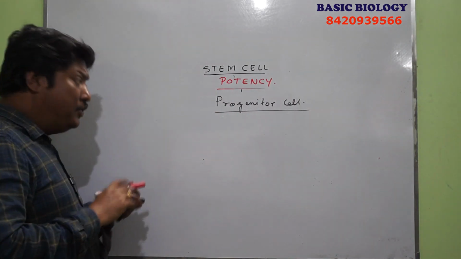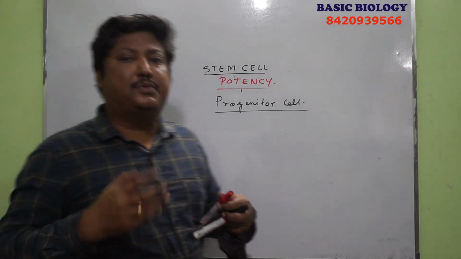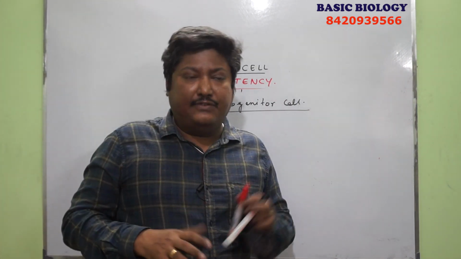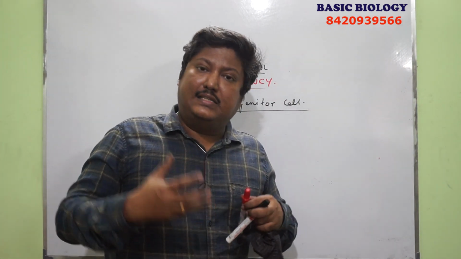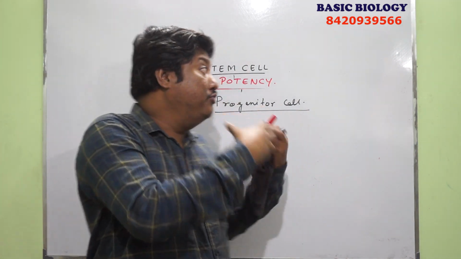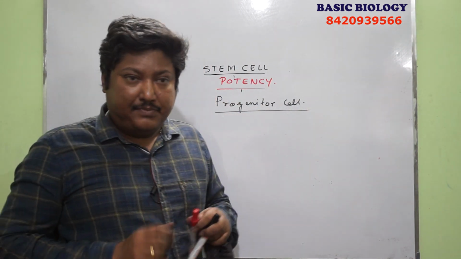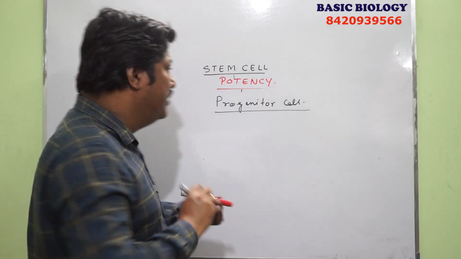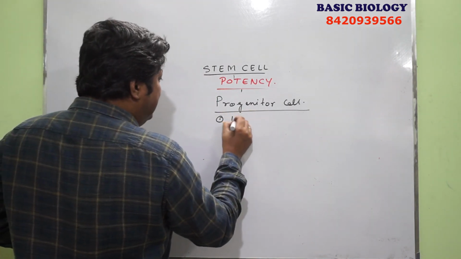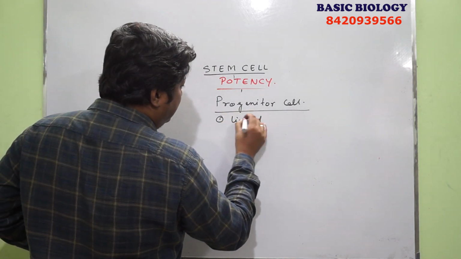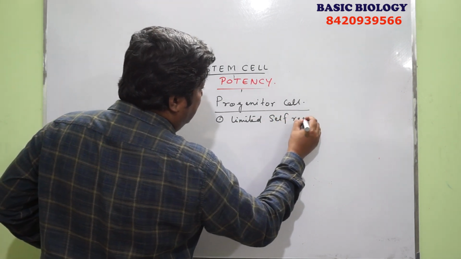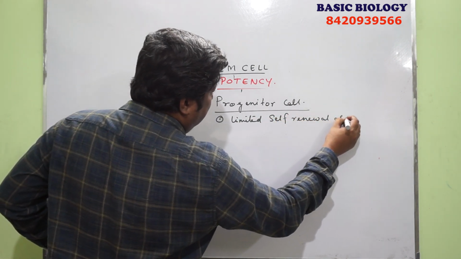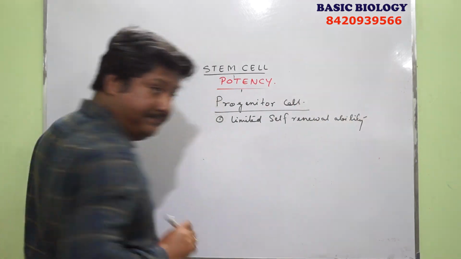Now progenitor cells are also one kind of stem cell, but they do not have all these properties like the multipotent or unipotent stem cells. They have limited self-renewal ability.